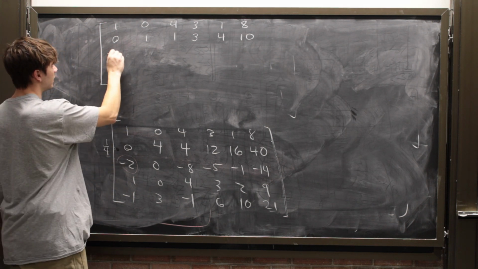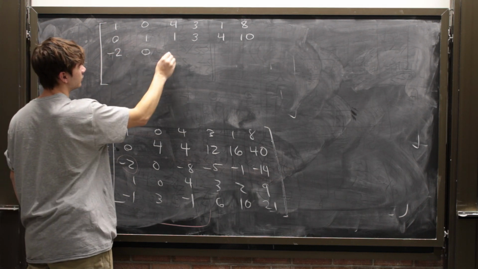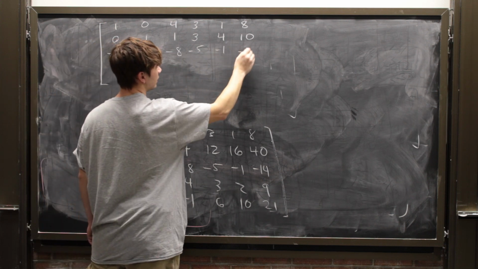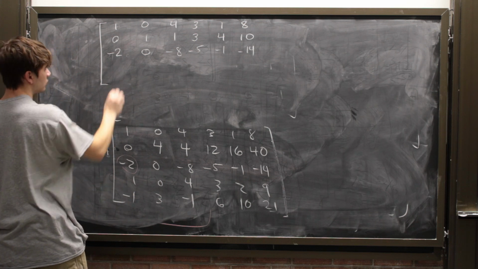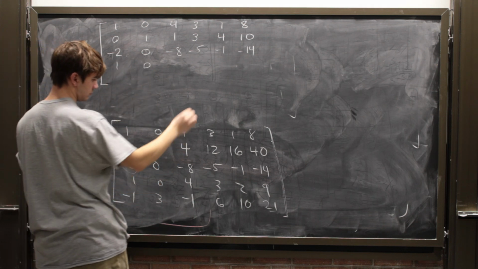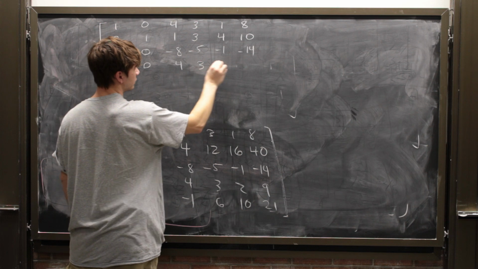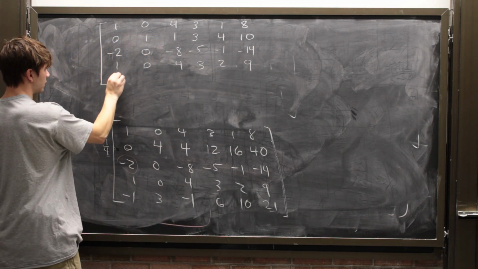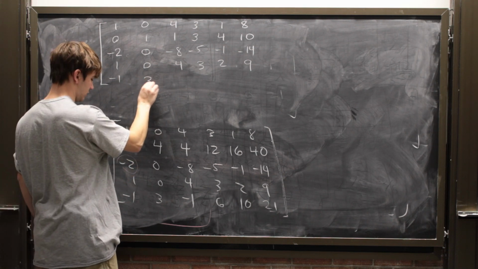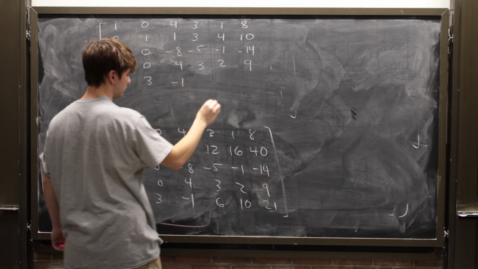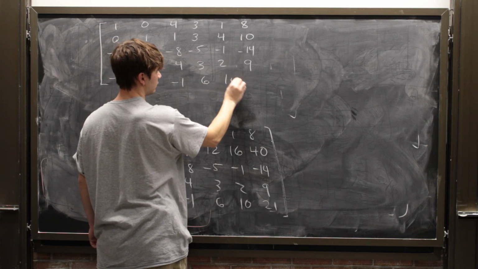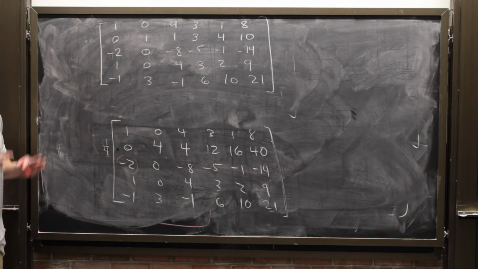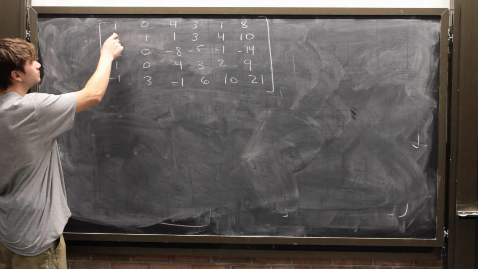Okay, and then I have negative 2, 0, negative 8, negative 5, 1, negative 14, 1, 0, 4, 3, 2, 9, and negative 1, 3, negative 1, 6, and 21.